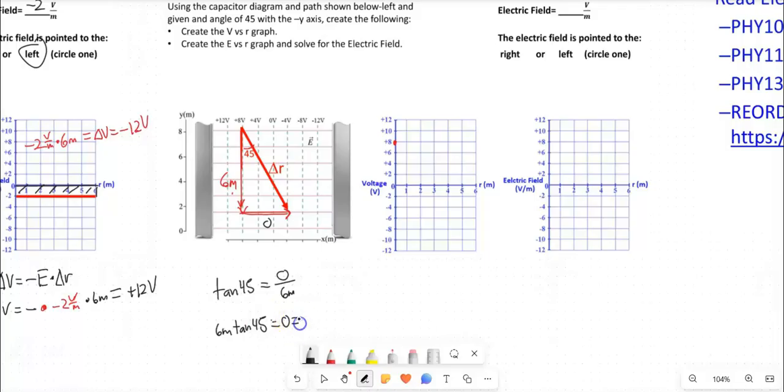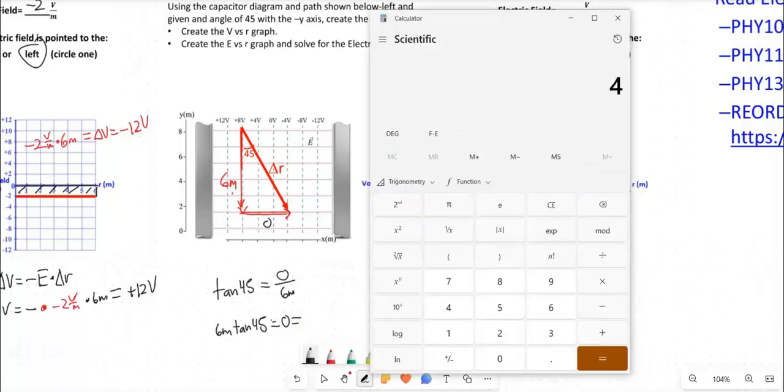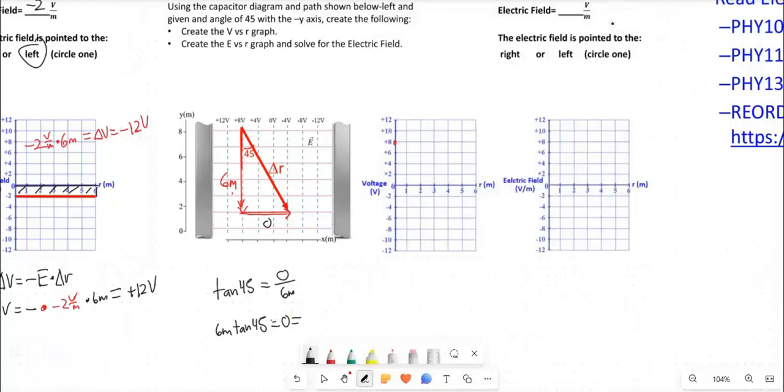So the opposite side, we're going to work that out right now. 45 degrees, second function tangent is 1. So this is going to work out to be 6 meters as well. So this is across 6 meters.